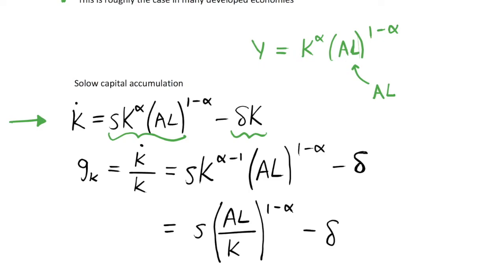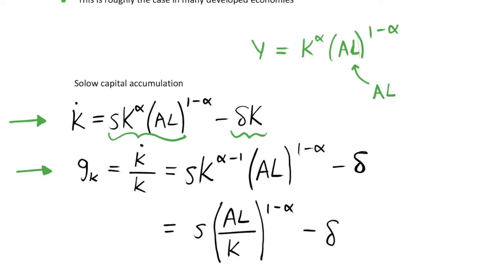We've covered all of this in previous videos, so check those out for getting to this stage of the Solow growth model. And as I say, we're looking at growth rates of capital, so we're going to be looking to find what the growth rate of capital is in our Solow accumulation equation. And we are going to need to know our growth rate rules for this part of the course.